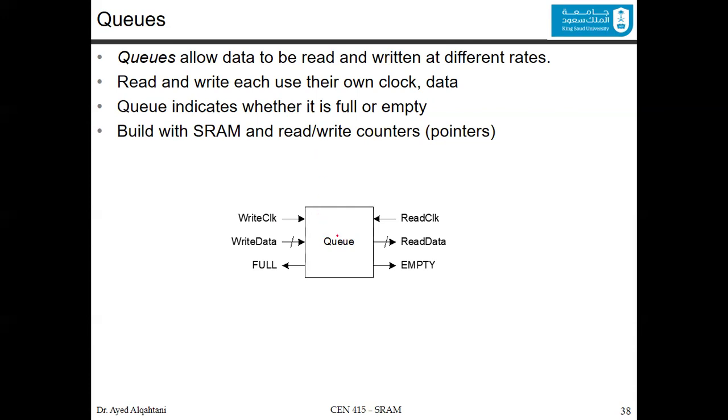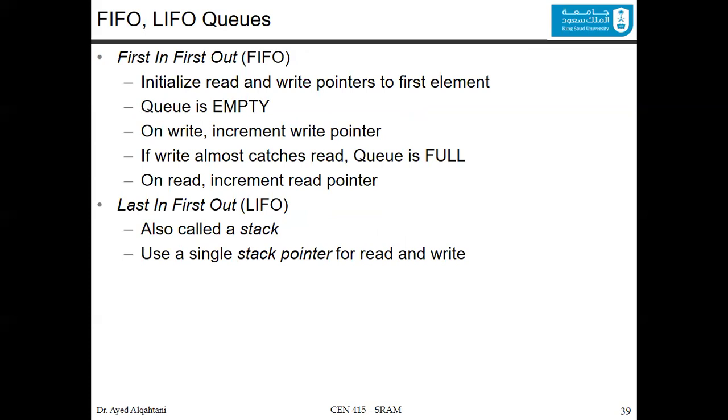Now the operations that you use with the queue. Before I talk about this, let's have the first type, which is the FIFO, the first in, first out. The two operations are InQ and DQ, and we have the LIFO or the stack, and the operations here are push and pop.